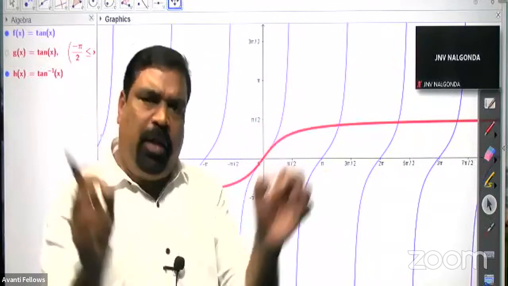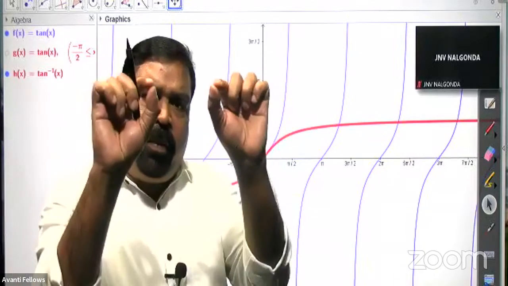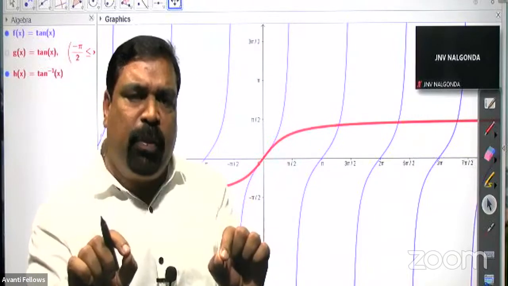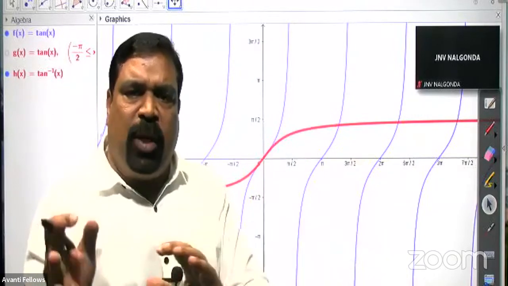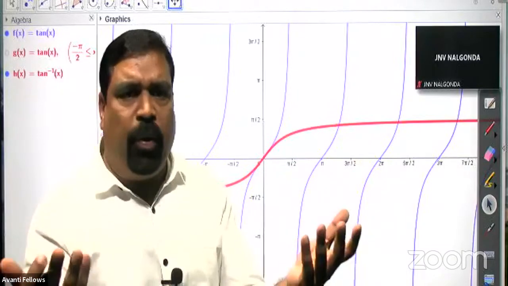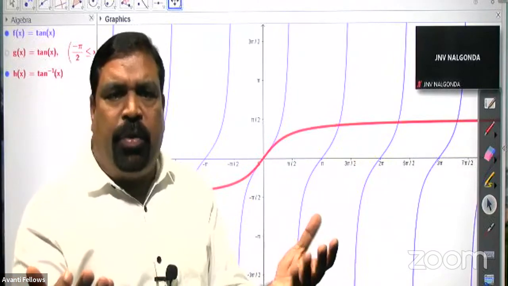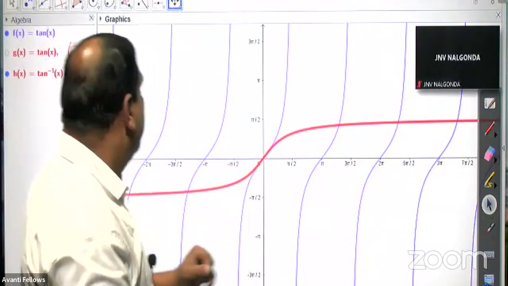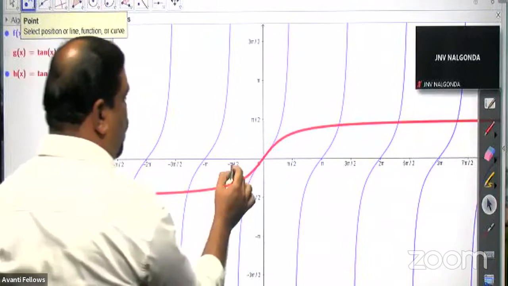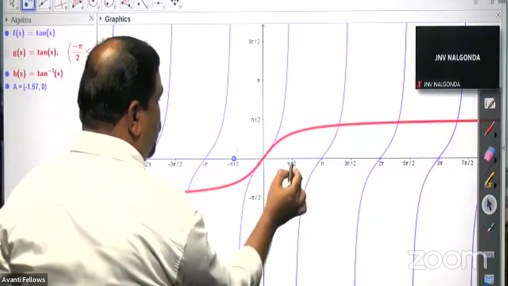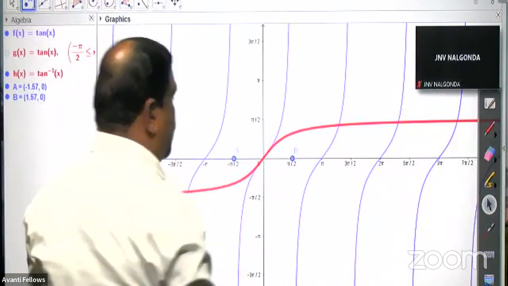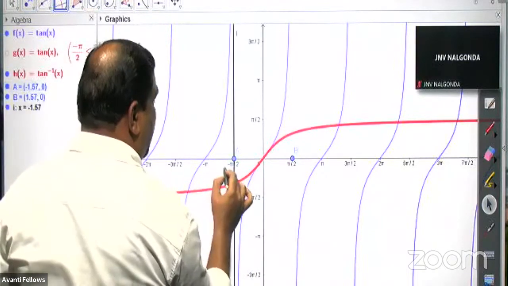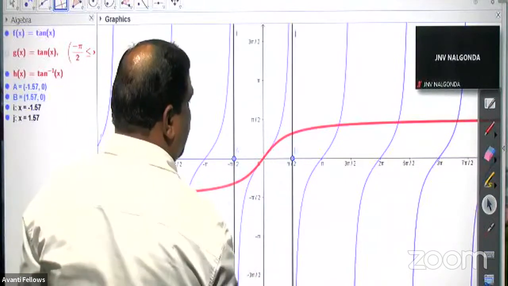That means we are restricting the domain to the open interval minus pi by 2 to plus pi by 2, because at pi by 2 and minus pi by 2 it is not defined, so we cannot take those points. In this interval, the function is very well defined, one-one and onto.